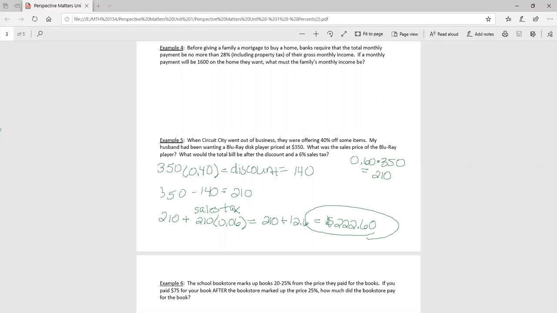Using that idea, I want you to think about this next one, which is example 6, which is this question of if the school bookstore marks up, how much are you paying, etc. So let's take a look. Pause me if you need to. I'm about to clear off everything.